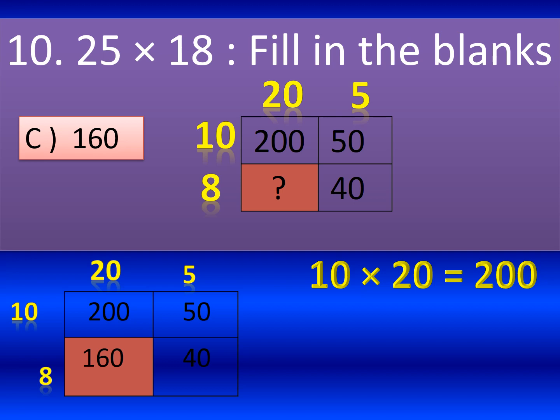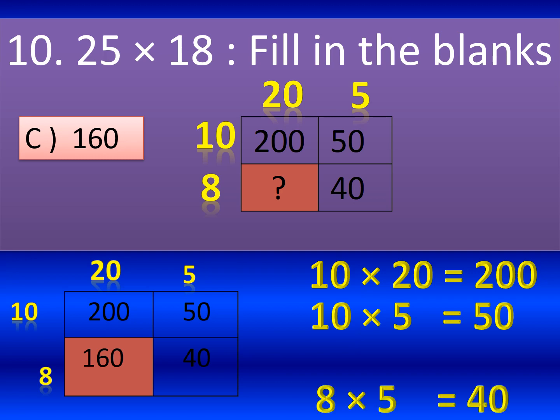Here 10 20s are 200. This 200 is to be written in the first box. Next, 10 5s are 50, to be written in the first row's second box.